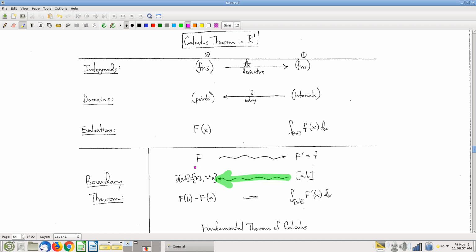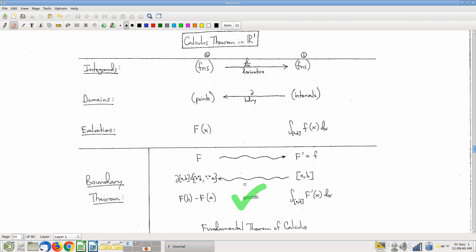We looked at this expression, f of b minus f of a, and then I made the seemingly odd goal of I would like to compute that as an integral, and through an argument, we came up with this idea that, well, if you were to take the derivative and then do this evaluation of that derivative function on your original interval. So if you were to compute then like this, then you do get, indeed, an integral, which is equal to the original thing.